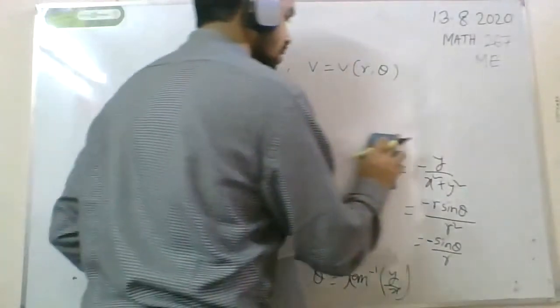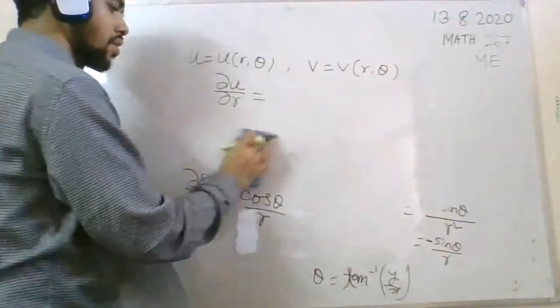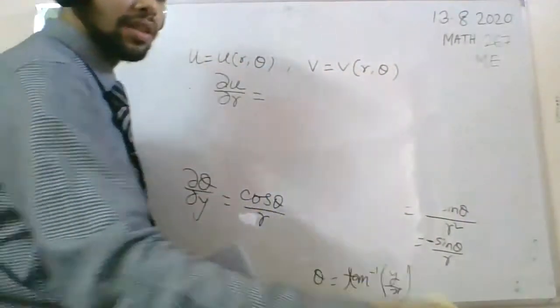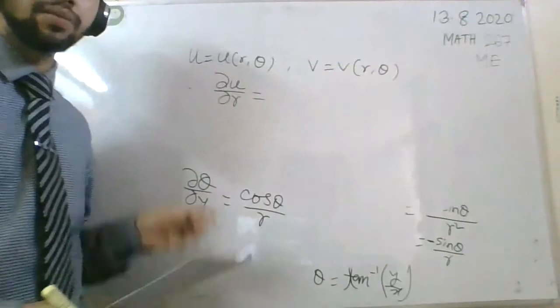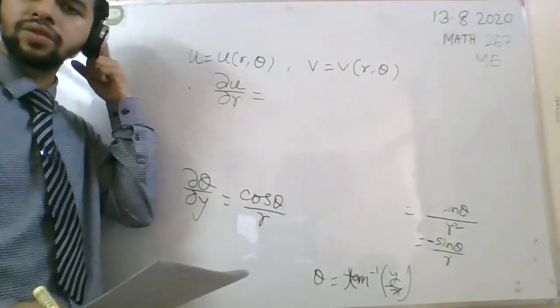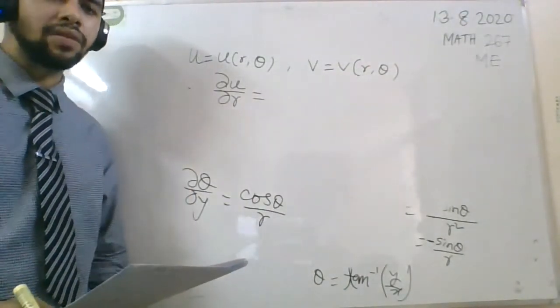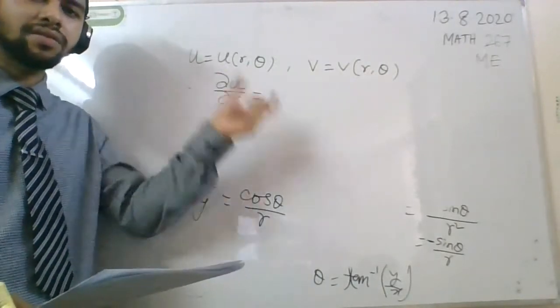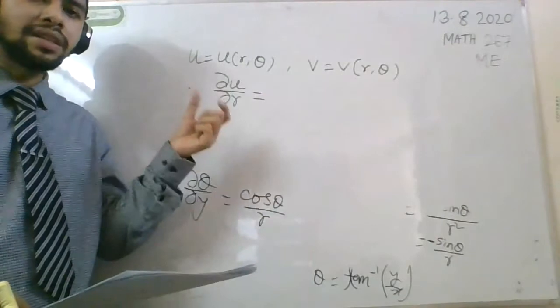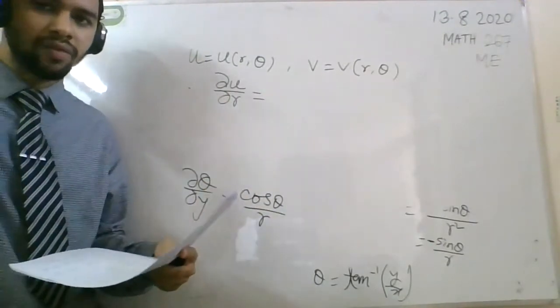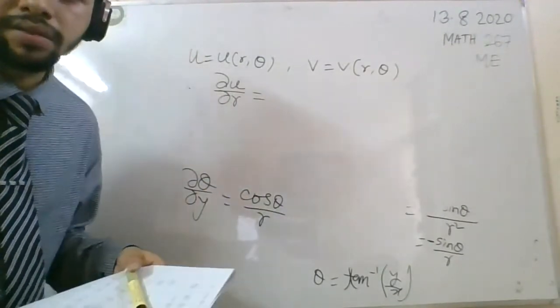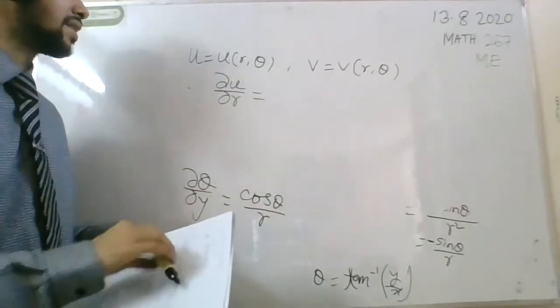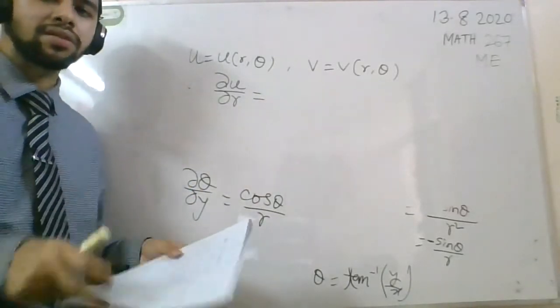why do we need to take u and v? Because we know about the Cauchy-Riemann equation, which is del u by del x equals del v by del y. So that's why we need to take u and v, which are functions of x, y, and since x and y are functions of r theta, you can easily say that u and v are also functions of r theta.